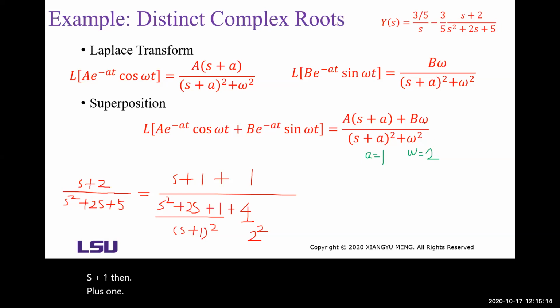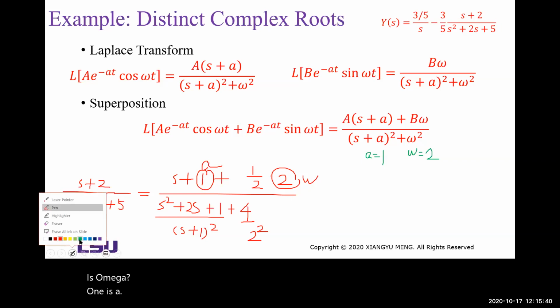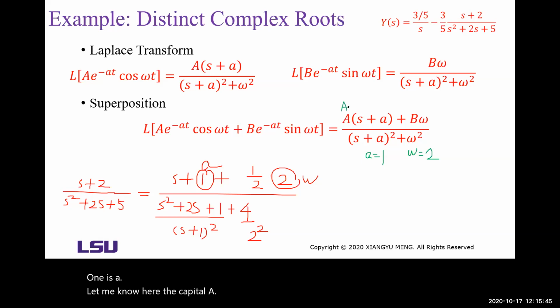Since omega is 2, let's write 1 as half times 2. The 2 is omega, 1 is a. Then we know here the capital A is 1, then capital B is half.